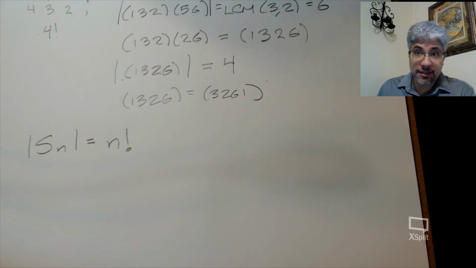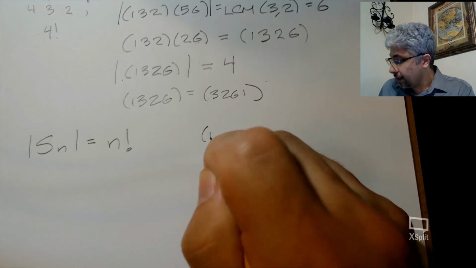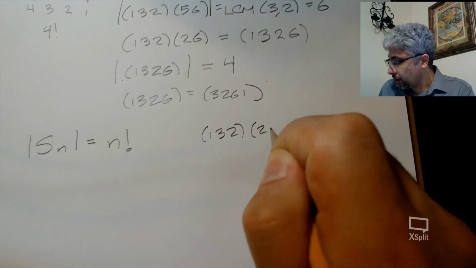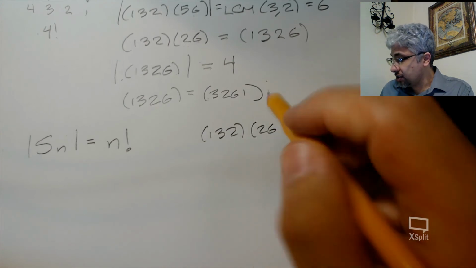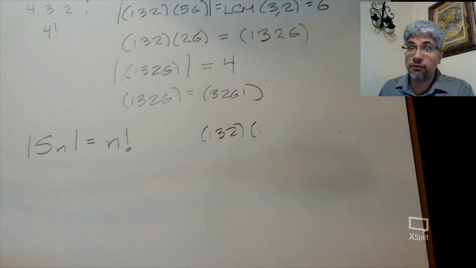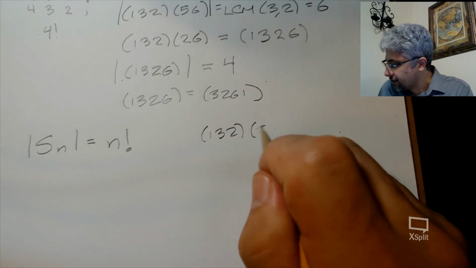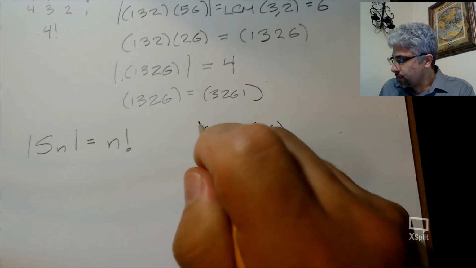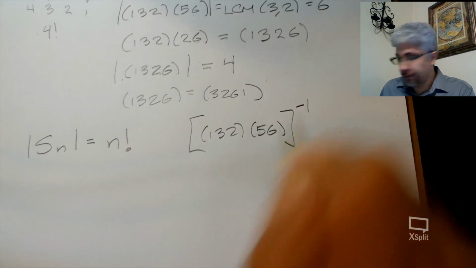Inverses are very nicely done with cycle notation, easy to compute. How do I find the inverse? You just reverse the numbers. So for example, if I want to know the inverse of (1 3 2)(5 6), in order to do that with a general product, I have to multiply it out first. So let's keep something in final form as disjoint cycles. Suppose I want to know the inverse of this element.